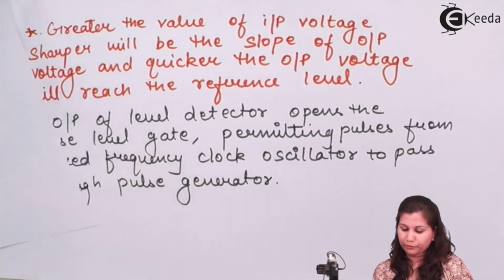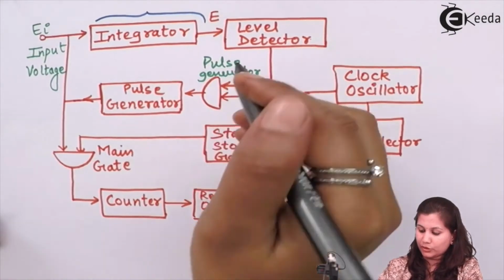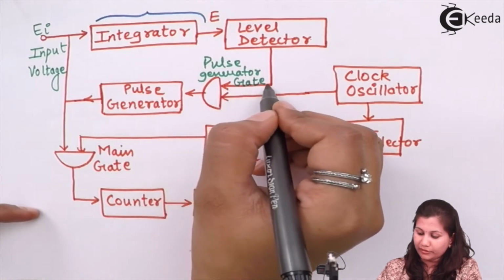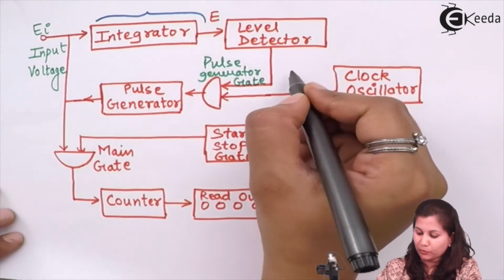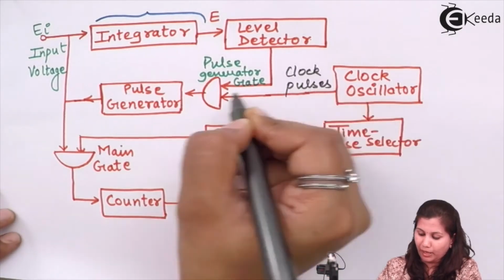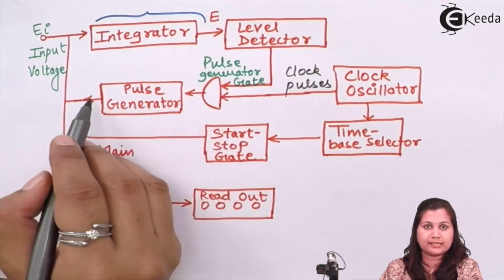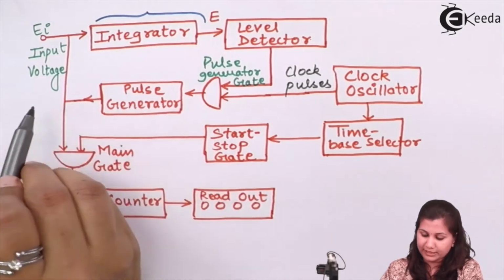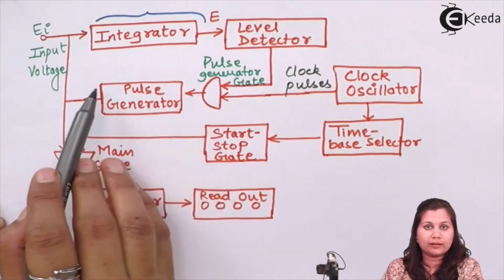So the output of this level trigger is going to trigger this pulse generator gate. So this pulse generator gate will be open, and the clock oscillator, which is providing the clock pulses here, these clock pulses will be passed through this pulse generator. Now the pulse generator is a Schmitt trigger which produces an output pulse of fixed amplitude and width every time it receives the pulses.